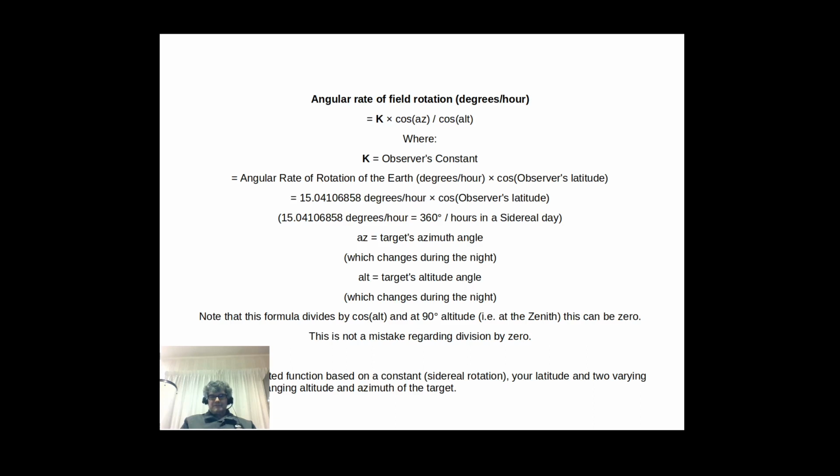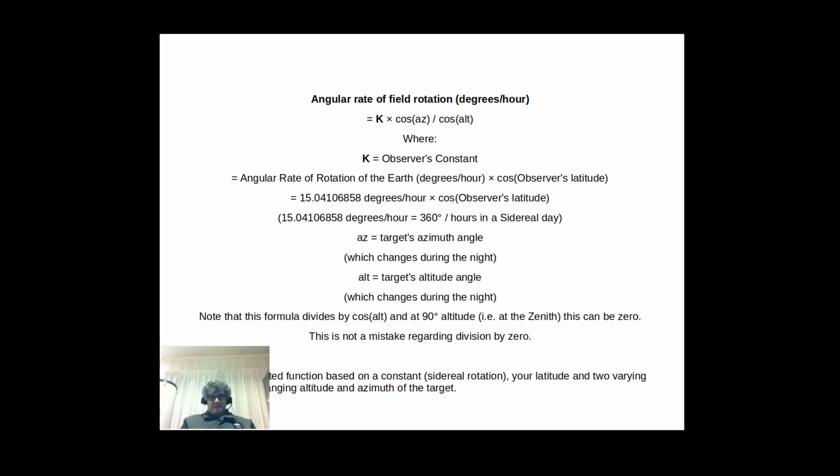And the value k is the angular rotation of the Earth in degrees per hour, multiplied by the cosine of the observer's latitude. The reason we say it's an observer's constant is that when you're an observer, you're not going to be changing your latitude. You're going to be observing from one spot at any given time.